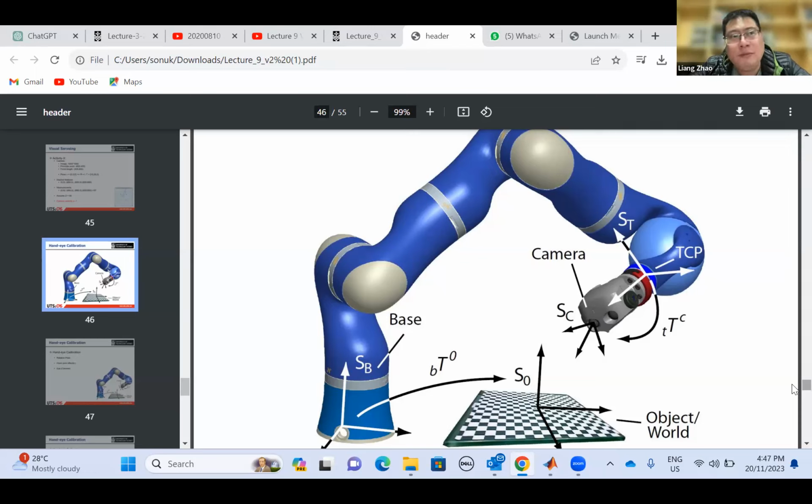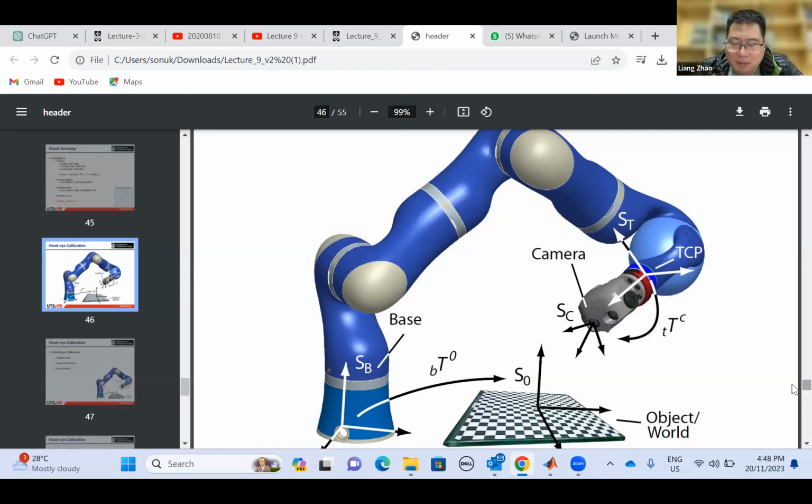So if you remember when we do the camera calibration, then we can get extrinsic parameters. Extrinsic parameters means the relative pose between the camera and the checkerboard, right? In this case, you have two sequences of poses.